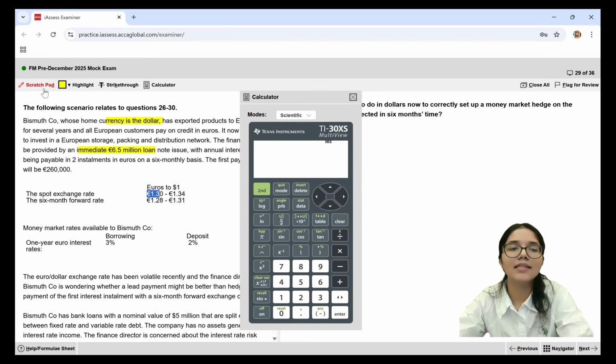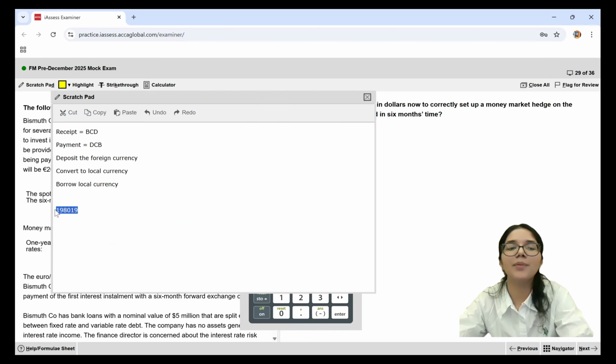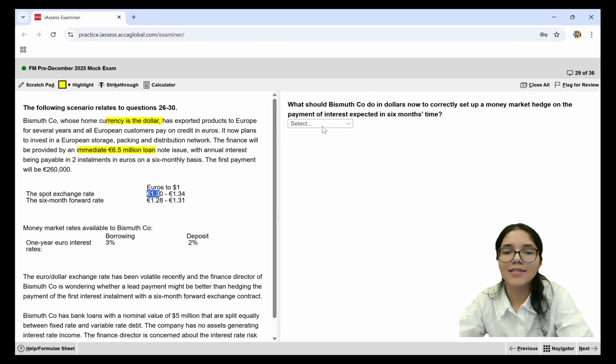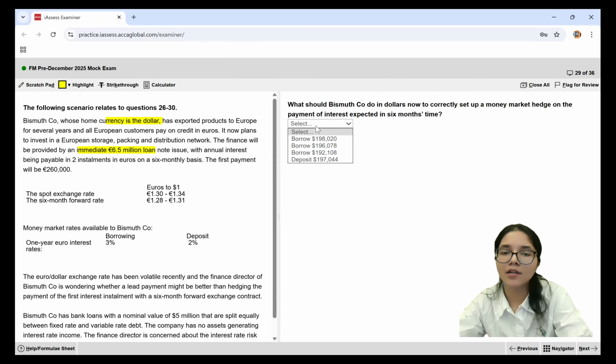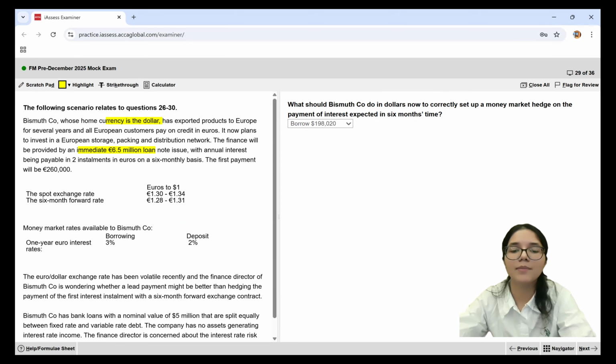So this is the amount of money that you will be putting over a borrowing. So to pick our answer over here, we are going to borrow 198,119. So the closest pick that we have is that we will be borrowing $198,020 so that we are able to set up the money market hedge correctly. So this was the second last question.